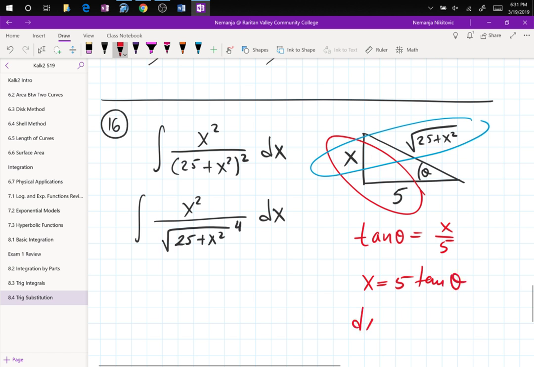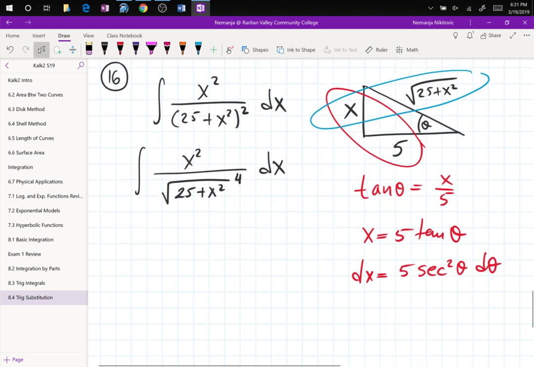And dx is 5 times the derivative of tangent, which is secant squared theta d theta. Very good. And now we have the blue one. Blue one is opposite and hypotenuse.